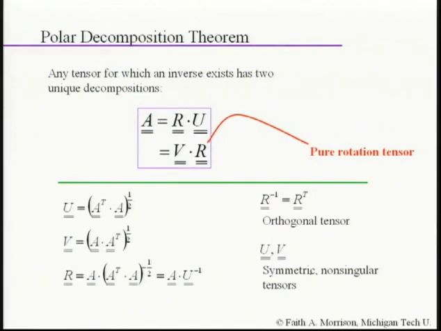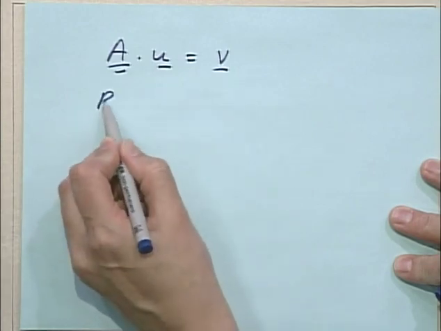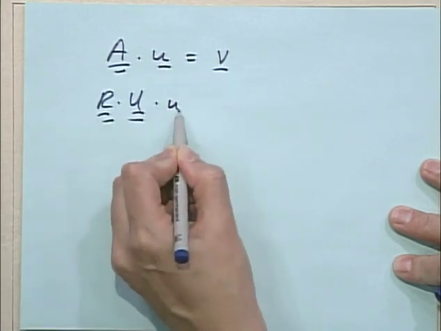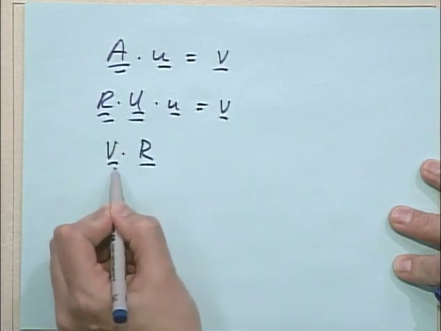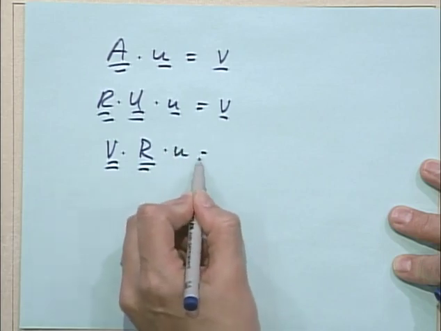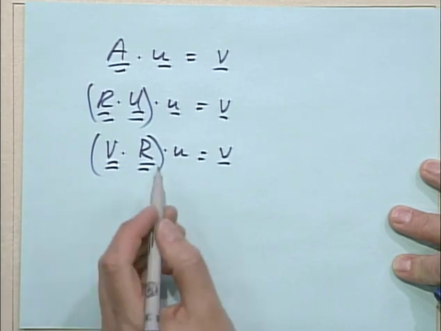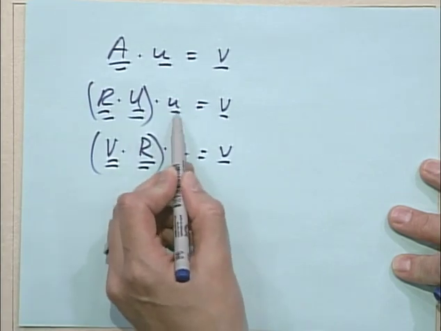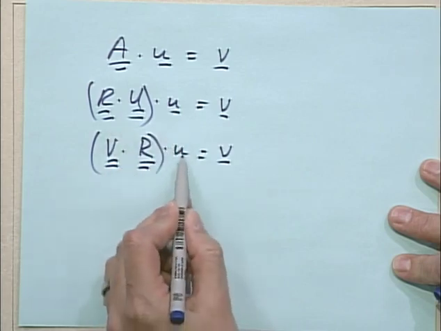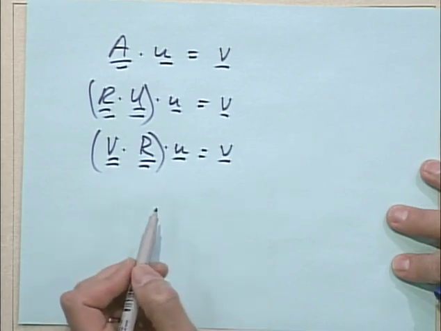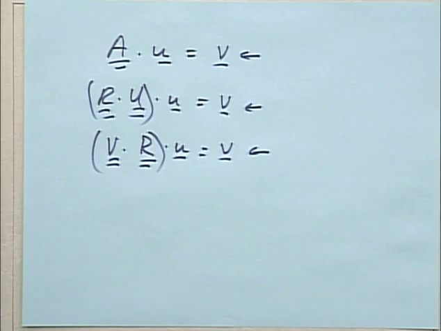Again, I'm doing A dot u equals v, and that's the same as R dot capital U dot u, which is v, or V dot capital R dot u equals v. So these are both equal to A, so I've done nothing interesting. But the effect is that first U acts on little u, then R acts on the result, or first R acts on little u, and then V acts on the result. And at the end of the day, you have to get this final v every time.